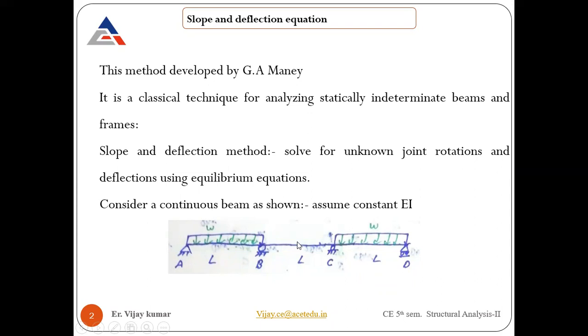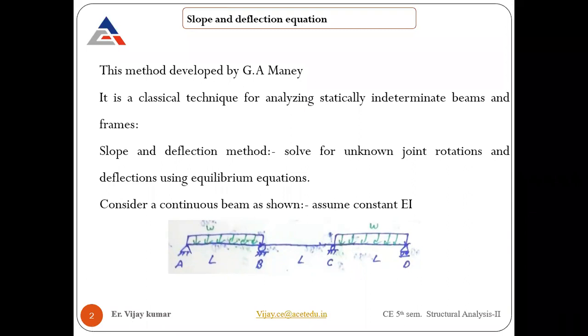So basically in this method, if you want to solve this, what are the things you need to find? First of all, solve for unknown joint rotations, and then for deflection we need equilibrium equations. We are going to solve unknown joint rotations and deflections by using simple equilibrium equations that we have seen many times.